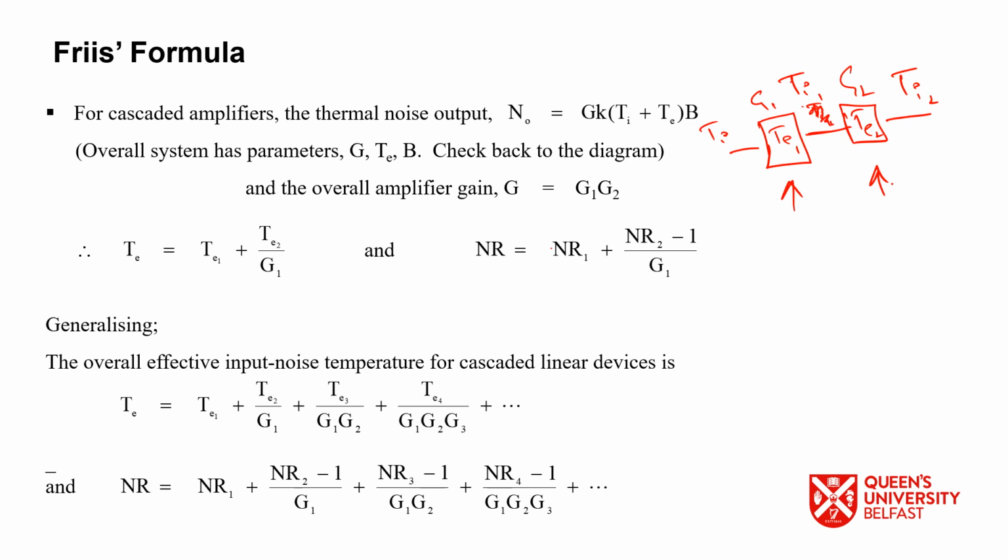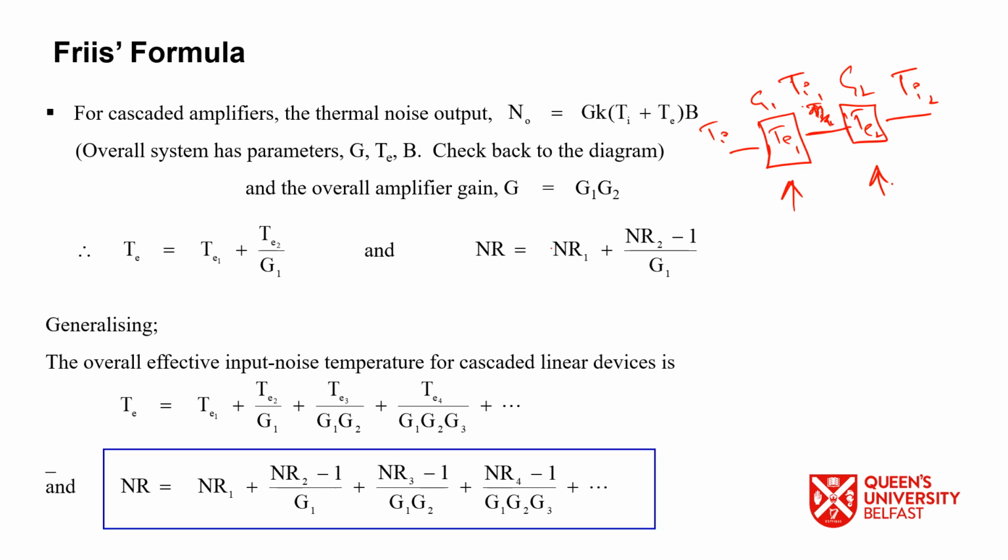Similarly, the noise ratio would be Nr1 plus (Nr2 minus 1) over G1 plus (Nr3 minus 1) over G1 G2 plus (Nr4 minus 1) over G1 G2 G3 and so on. This equation is a very important equation and it's called Friis formula.